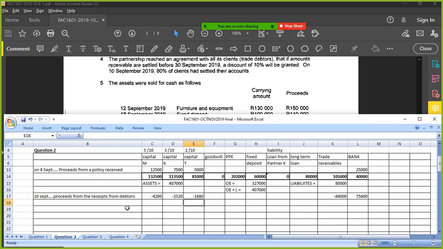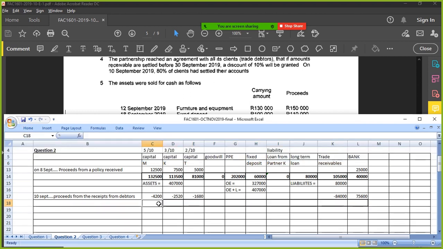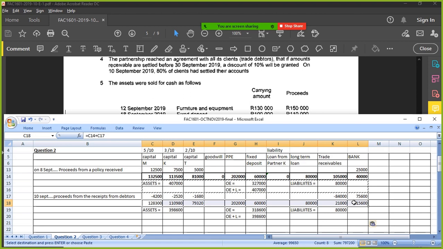Okay, so I now have a new subtotal. This plus that. Am I still doing it correctly? Yes, assets, owner's equity, perfect.